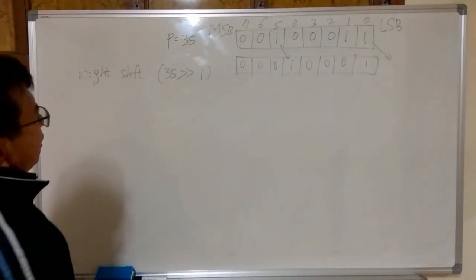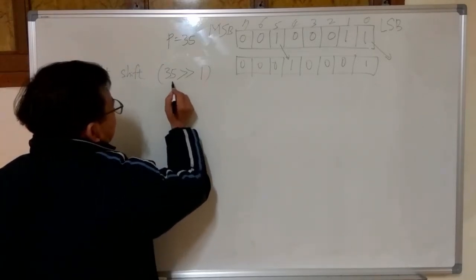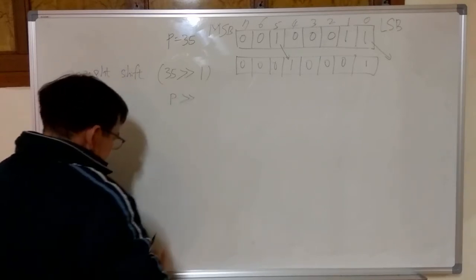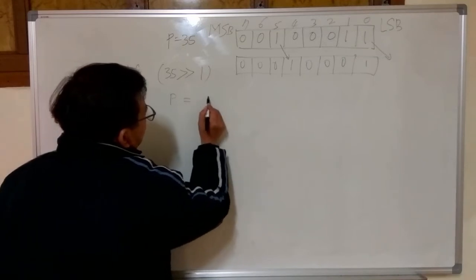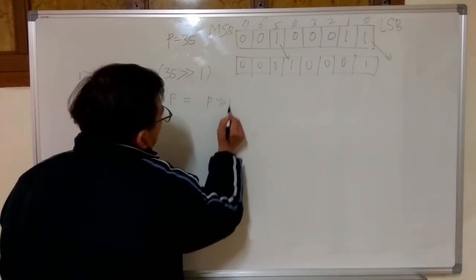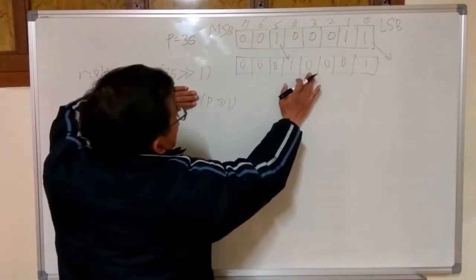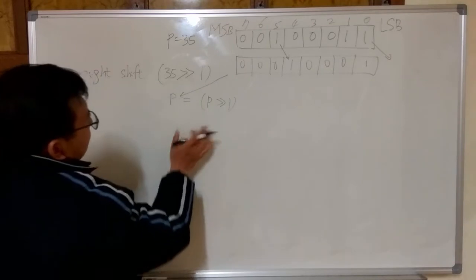Okay, so if we assign like this, P is 35, P equals P shift 1. What it means is this side is actually this, and the result is assigned to P again.